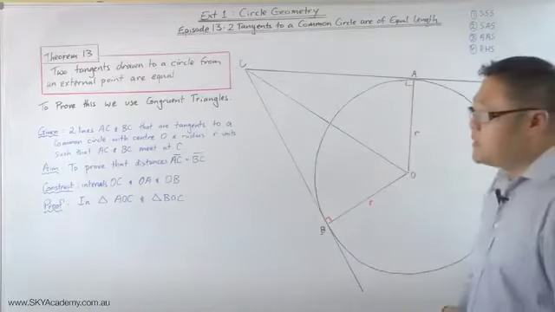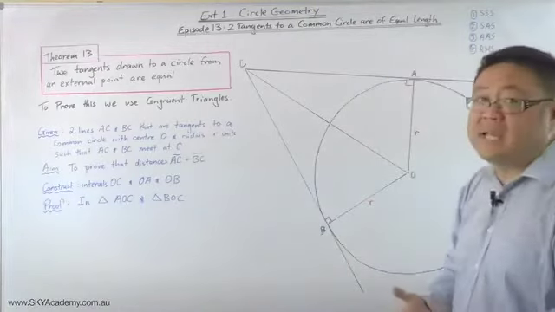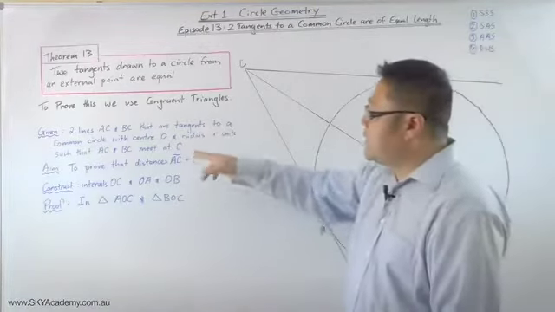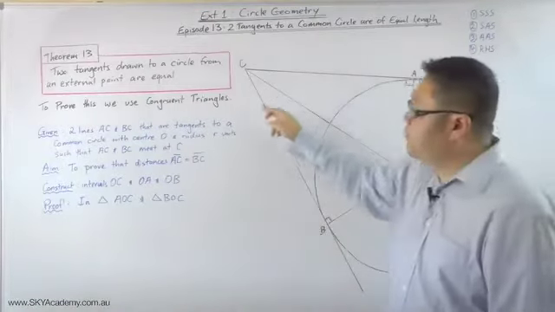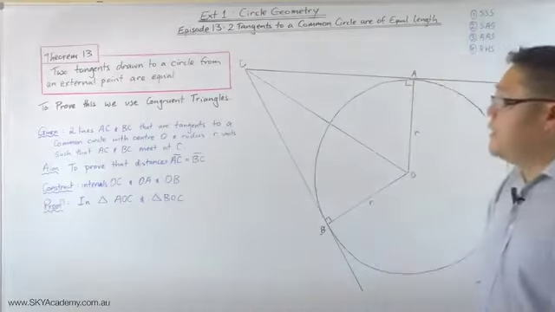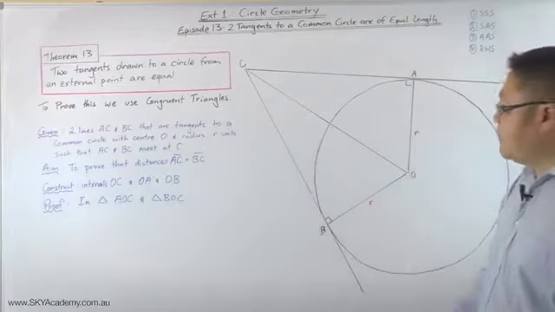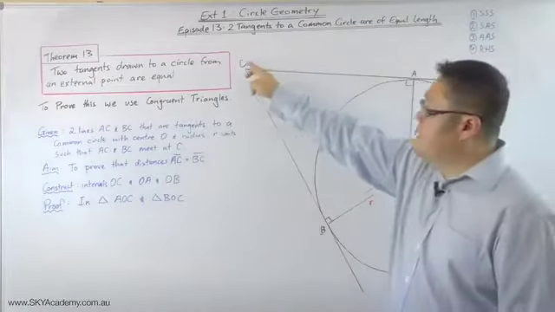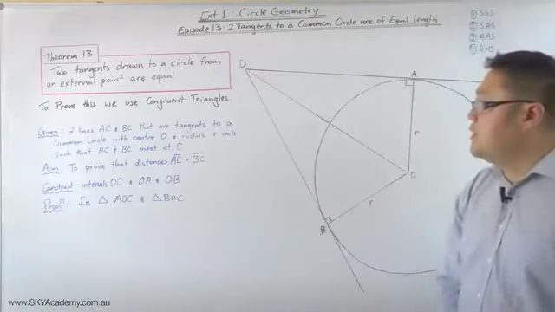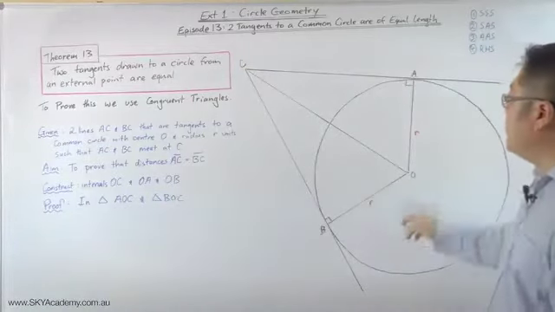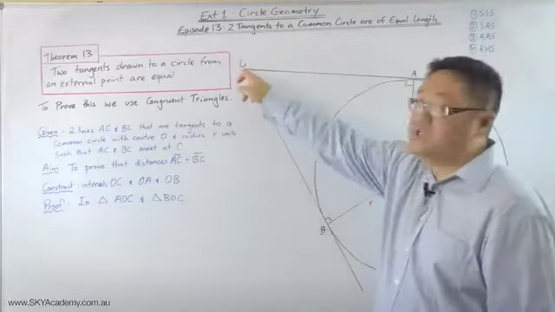Can you see that? So basically, I'm just going to show you how the proof will look when it's set out properly. What you're given is two lines AC and BC that are tangents to a common circle with center O and radius R, such that AC meets BC at point C. The aim is to prove that AC, which is this distance here, is going to be equal to BC, which is that distance there.